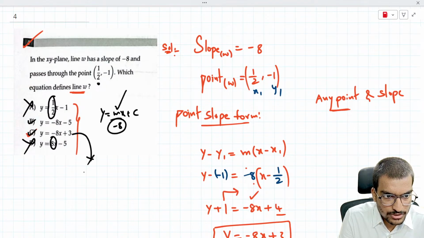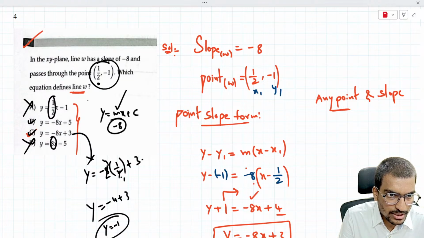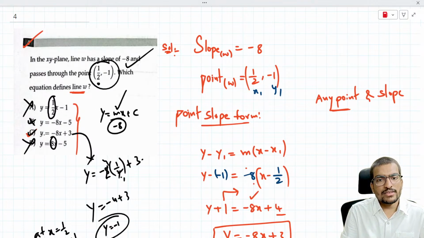But if you substitute here, y equals negative 8 times 1 by 2 plus 3. Negative 8, 2 ones are 2, 2 fours are 8. Negative 4 plus 3, y equals negative 1. So at x equals 1 by 2, you are getting y equals negative 1. It is matching.